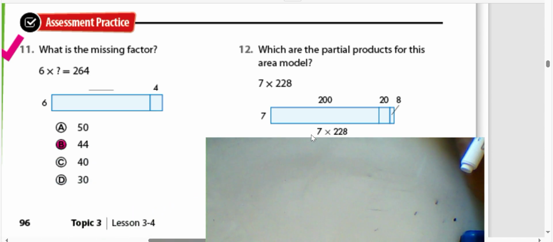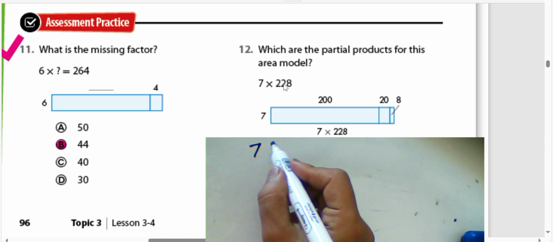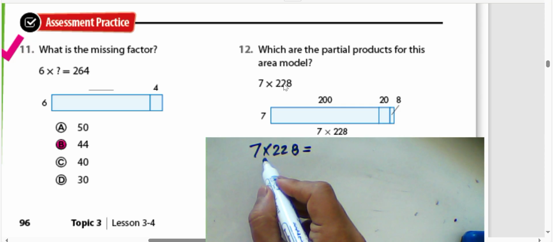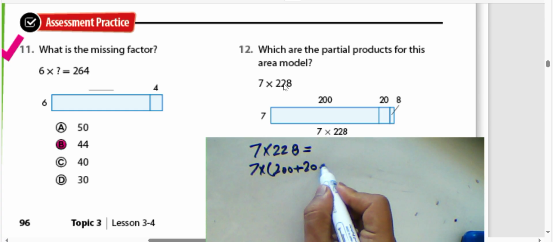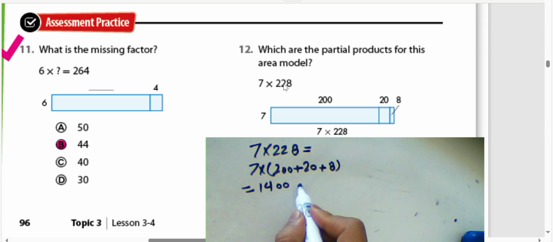Next question here, we want to find the product of 7 and 228. We can write 7 multiplied by 200 plus 20 plus 8 using the distributive property. 7 times 200, that is 0, 2 times 7 equals 14.